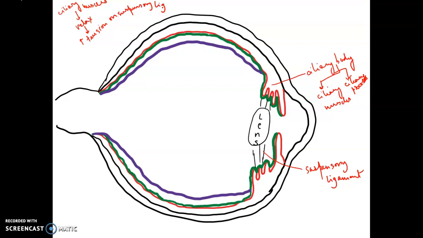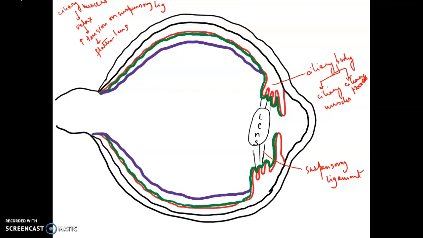And that causes the lens to flatten. Okay, so let's review. When the ciliary muscles relax, the ciliary body moves posteriorly, which increases the tension on the suspensory ligaments, and the lens flattens out.